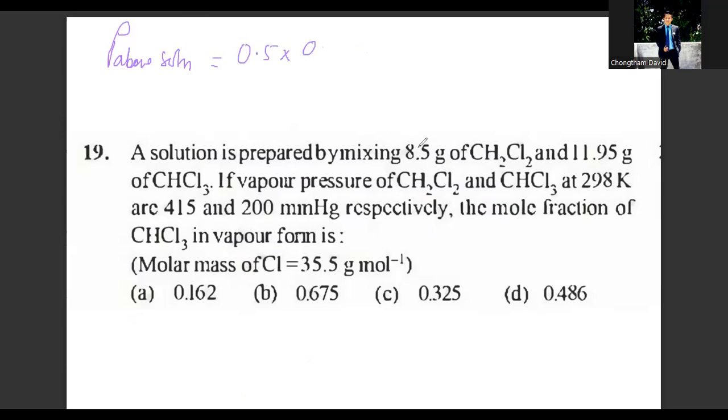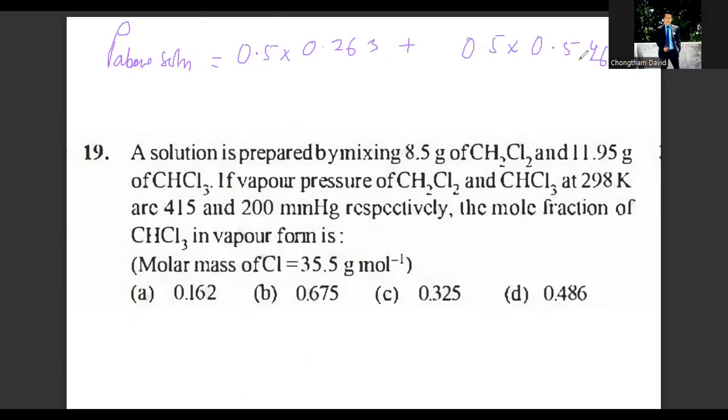Then further find out the mole fraction. That would give you the value of the mole fraction of chloroform. And the vapor pressure of chloroform is 0.263, plus 0.5 mole fraction into its vapor pressure, 0.546.